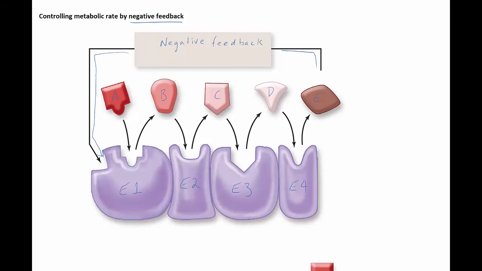And when it does that, it actually changes the shape of the active site and prevents the whole process from occurring. So negative feedback is where the product of a reaction inhibits the enzyme that controls its formation.